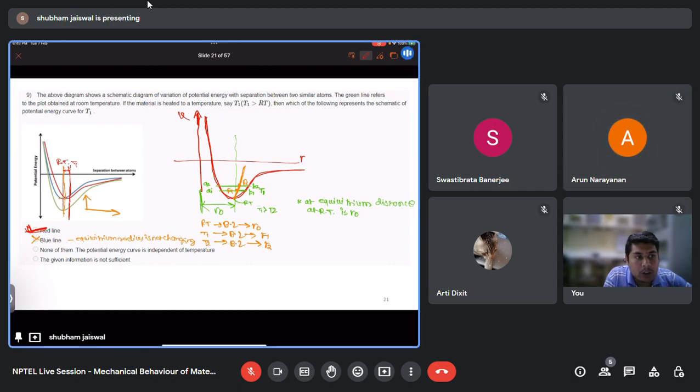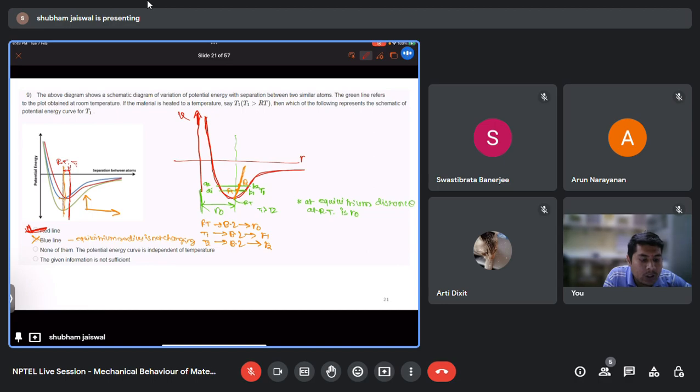So that expansion, where does it come from? When the bond length of the atoms increases, only then do we get the expansion. We already talked about the stretching of bonds in the elastic regime as well.